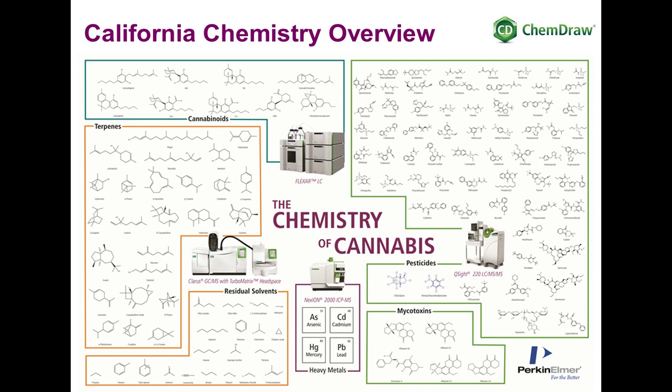Every state will decide upon this list, and some states have similar, some states have more, some have less. But California is a good example because it includes the cannabinoids on the top left, the terpenes, and the residual solvents, the heavy metals, and then finally on the right, the pesticides and the mycotoxins.